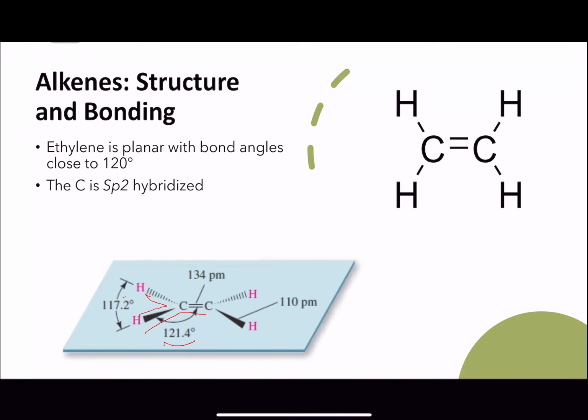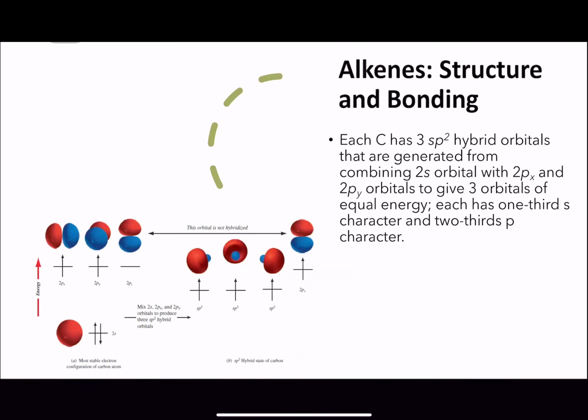The two carbons in ethene are sp2 hybridized. We talked about hybridization in the last lecture when I posted a video about it, but let's just recap for alkenes. What is sp2 hybridization? For carbon there are 6 electrons in total: 2 electrons in the 1s orbital, and 2 electrons in the 2s orbital, the one in red.